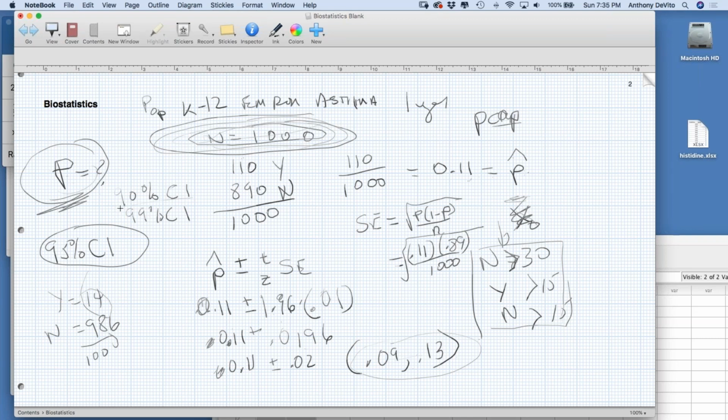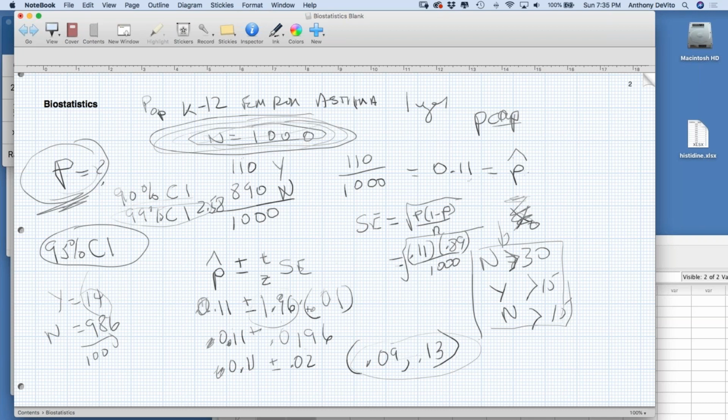The only difference is that in the case of a 99% confidence interval, our confidence interval has to be wider to have a higher level of confidence that we've captured the true population mean or proportion. So instead of using 1.96, we would use 2.58.